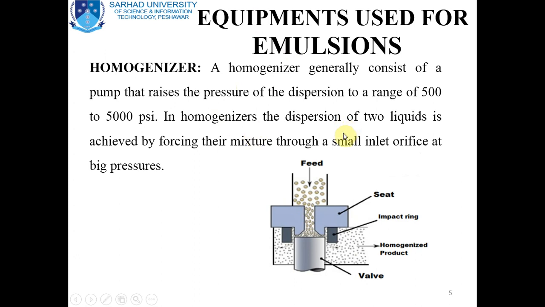Here in the homogenizer, the dispersion of two immiscible liquids is achieved by forcing the mixture of these two immiscible liquids through a small inlet orifice, where we introduce the feed at back pressures in the range of 500 to 5000 psi in general cases.